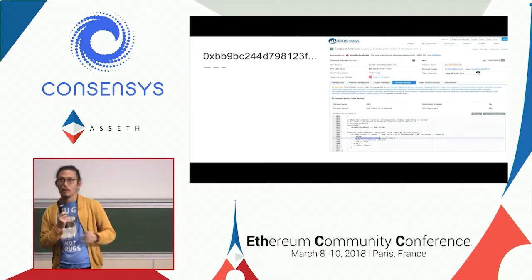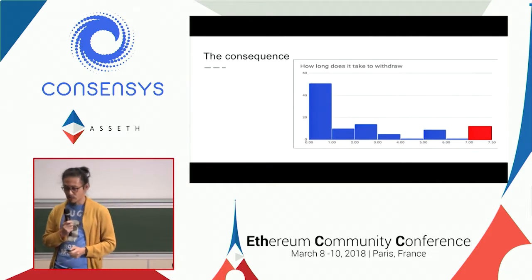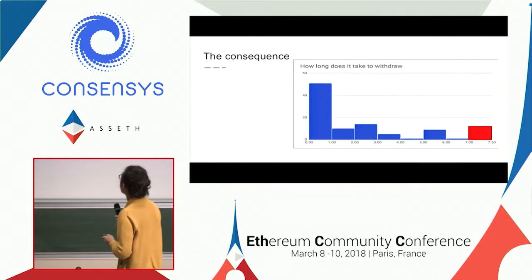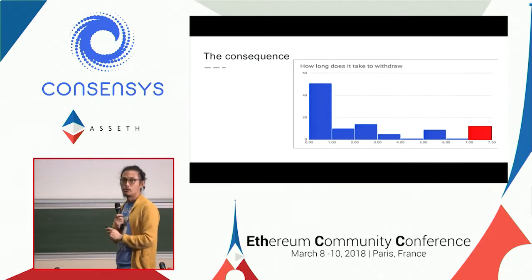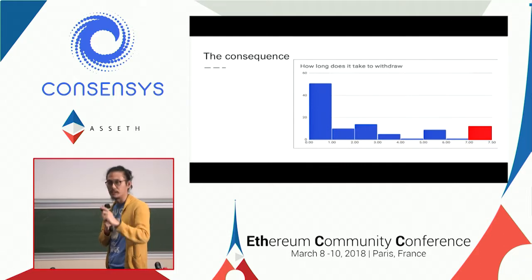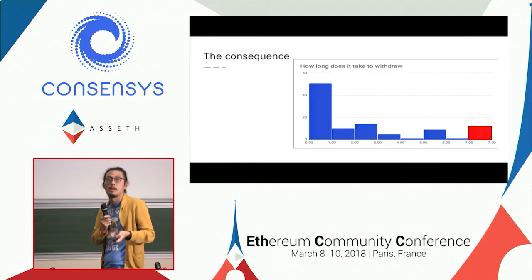But the consequence if you actually do it is that my contract requires you to withdraw. This graph shows that the majority of people, about 50%, withdraw the money within 1 day. I said, you can take the money. And I really push over Twitter, because when people register, I ask them to put their Twitter address, since one of the problems with a Dapp is you can't tell the people.